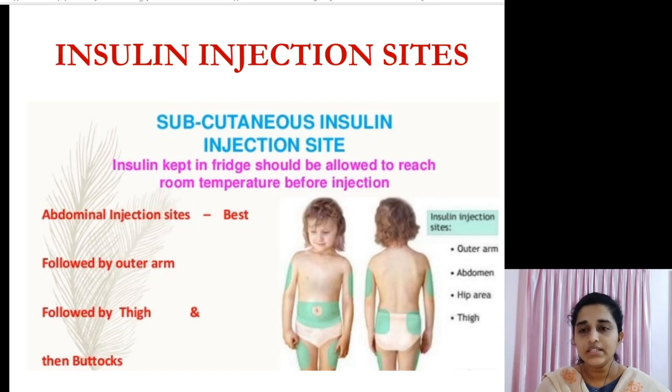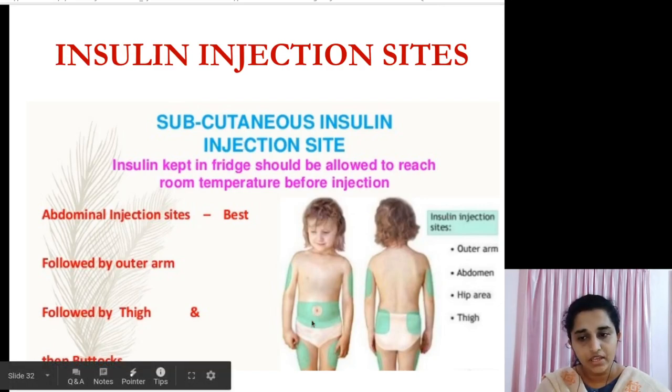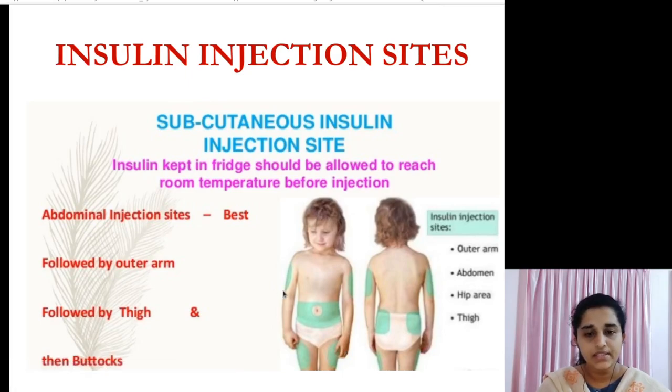And the insulin injection sites in children, that is subcutaneous insulin injection sites. From this diagram we can understand that the outer arm can be used, the abdomen, the hip area and the thighs can be used. The abdomen is considered the best injection site, followed by the outer arm, then the thigh, and then the buttocks.